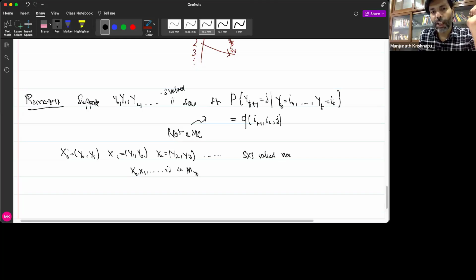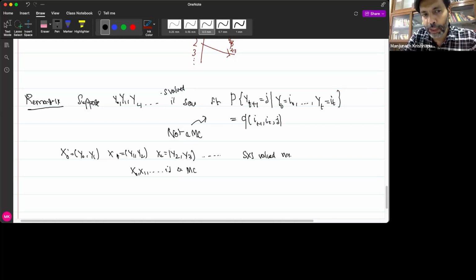It is a Markov chain. Its future will depend only on the previous one. I will leave that as an exercise, but you think of it. Suppose you know what happened up to time 1. That means you know x0 and x1, that means you know y0, y1, and y2. Now since you know y0, y1, and y2, based on y1 and y2, you can tell the probabilities of y3.